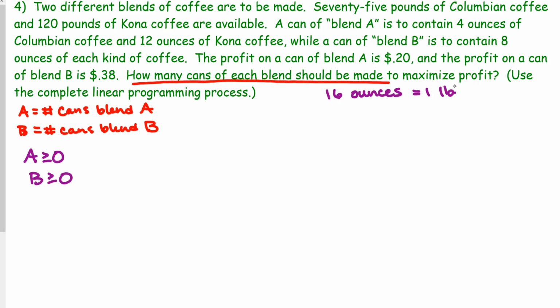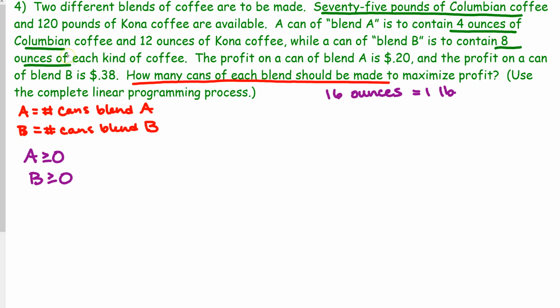Okay, so now the situation is they're using Colombian coffee and they're using Kona coffee. So for the Colombian coffee information, it's actually coming from different places. There's 75 pounds available. Blend A is going to contain 4 ounces. And blend B is going to contain 8 ounces.